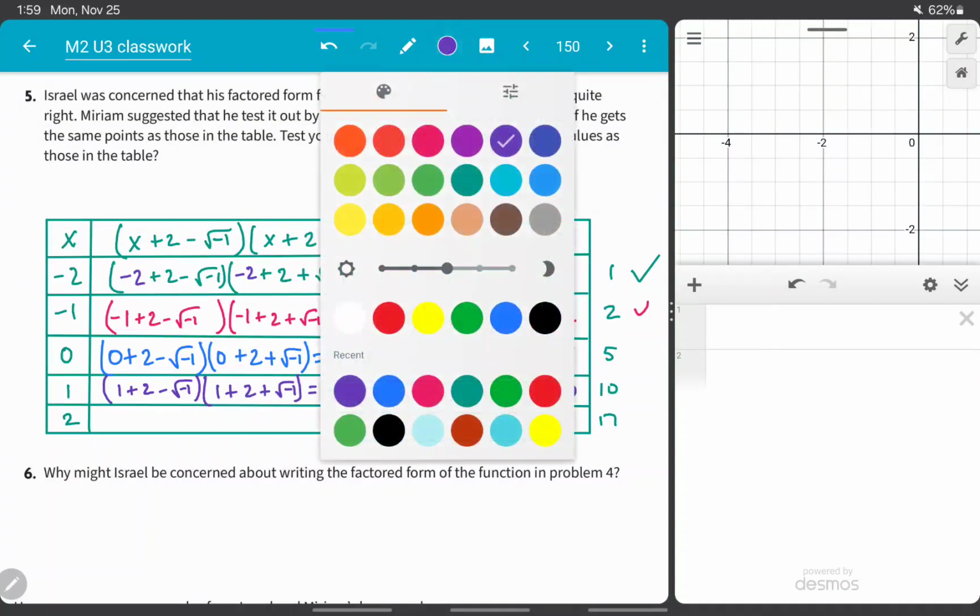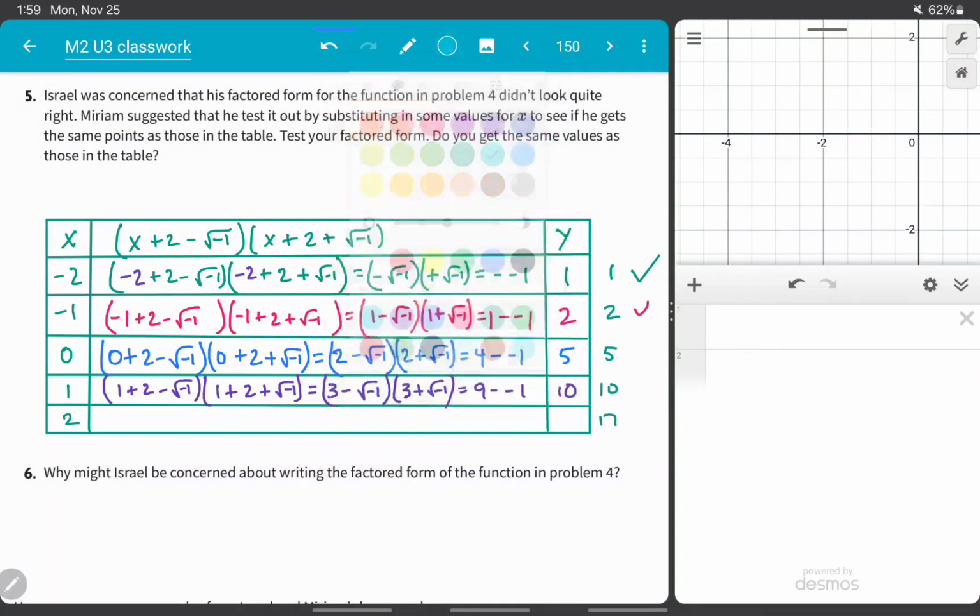All right, one more for good measure. Oh, I haven't used light blue in a while. Let's do 2 plus 2 minus square root of negative 1, 2 plus 2 plus square root of negative 1. So 2 plus 2 is 4.